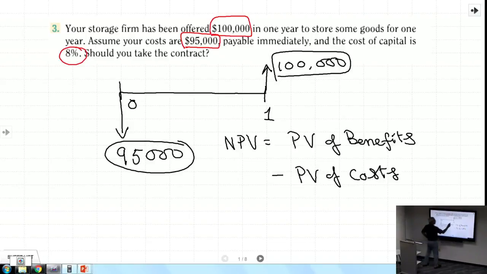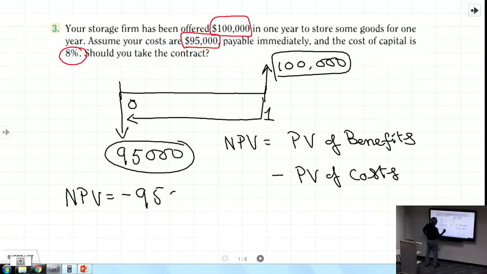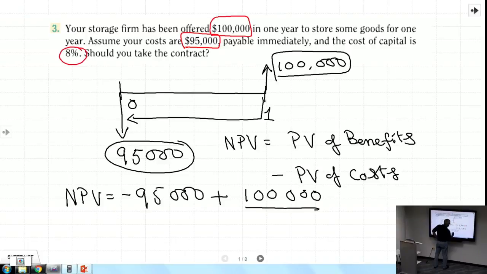So all we have to do is take the present value of this $100,000. So net present value would be minus $95,000, which is your initial cost, plus the benefit, which is the present value of $100,000. That's going to be divided by 1 plus R, or 1.08.